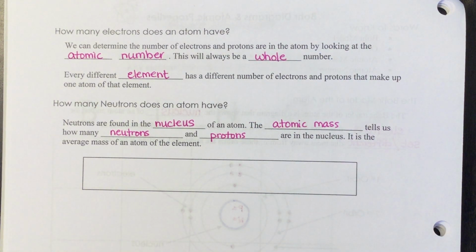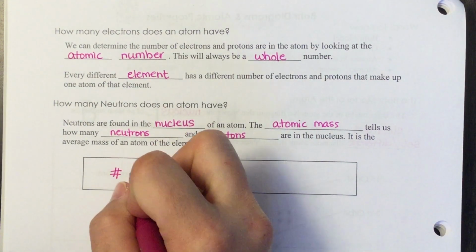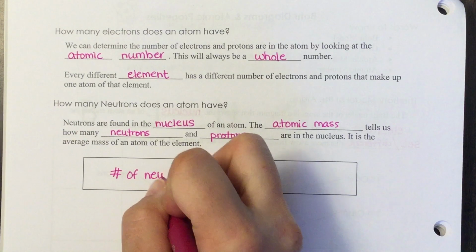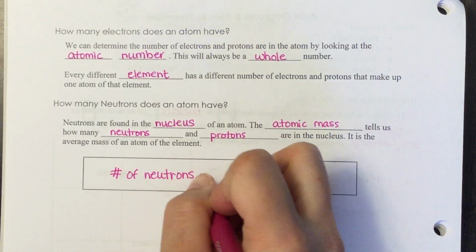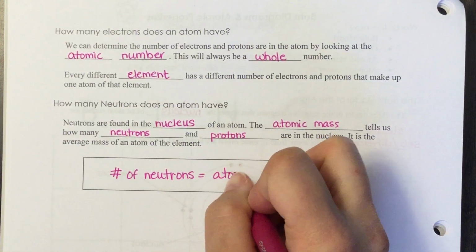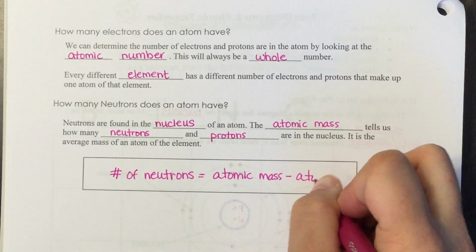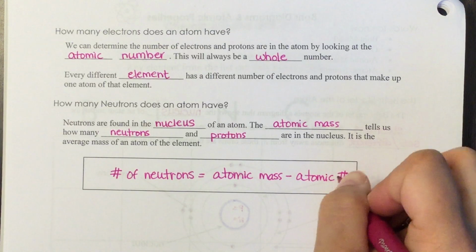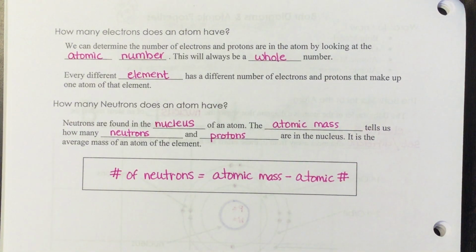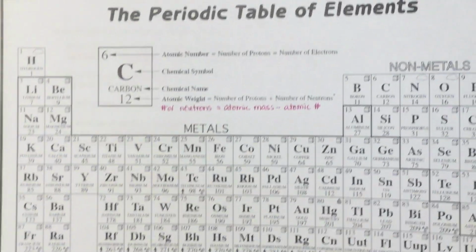It is the average mass of an atom of the element. So to put this in a math equation, the number of neutrons equals the atomic mass minus the atomic number. Okay, so let's go back to our periodic table and take a look.